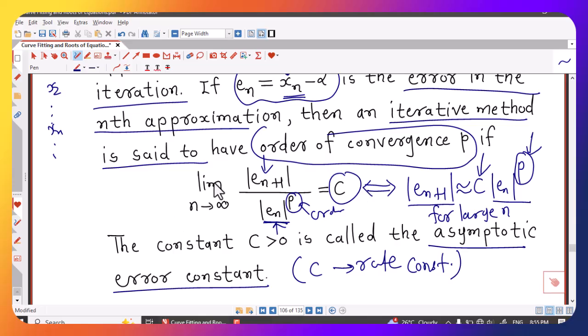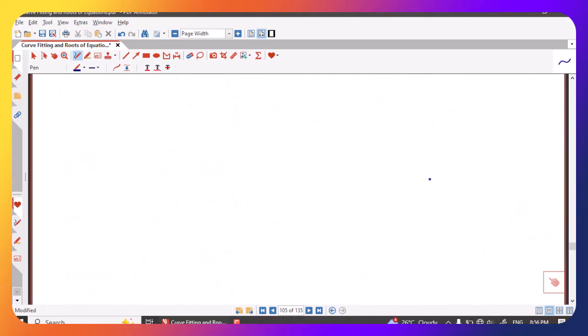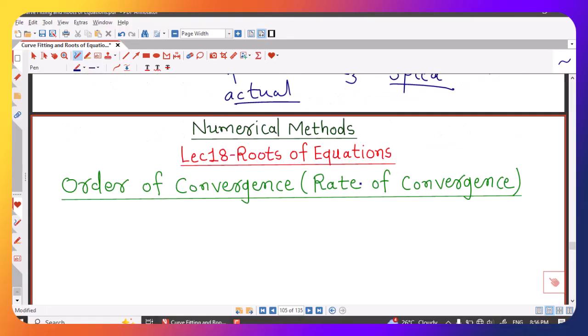So either you write in this way or in this way, both are correct. So in summary, we can say that for a convergent sequence, order of convergence describes how rapidly the sequence converges or how rapidly the error is reduced, and rate of convergence describes with which speed the sequence of approximations is converging to the actual root.